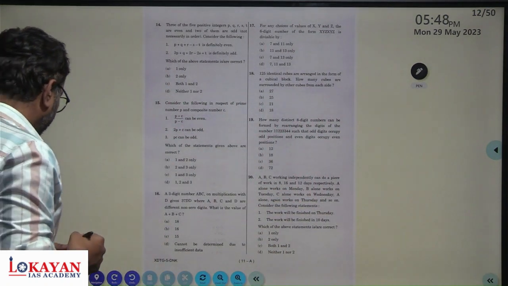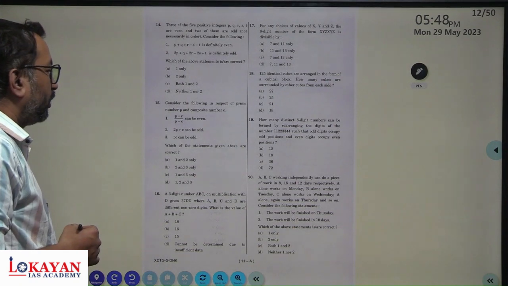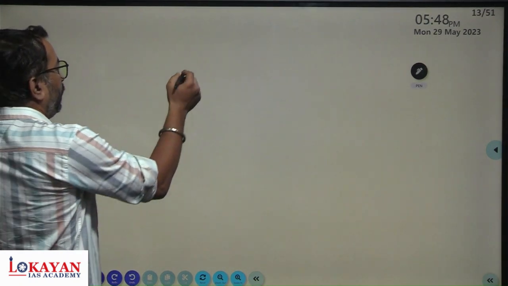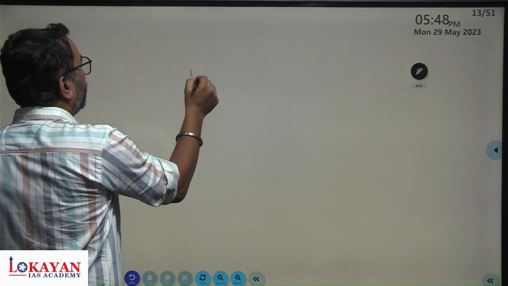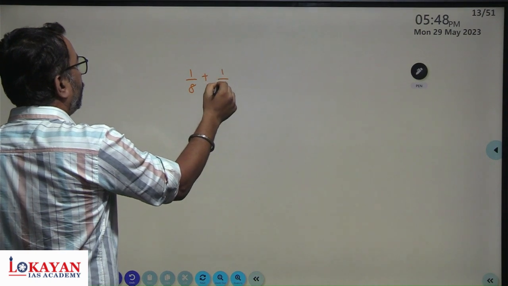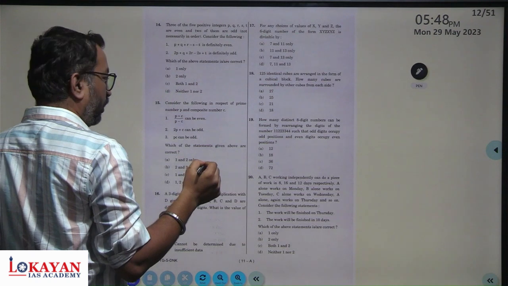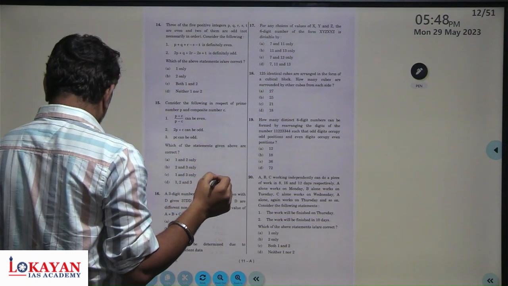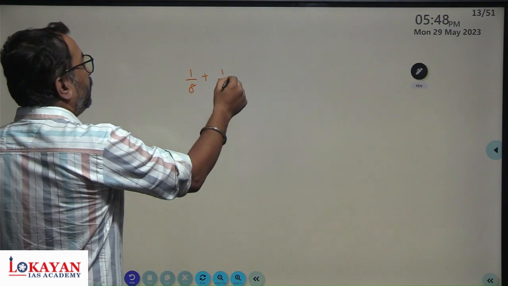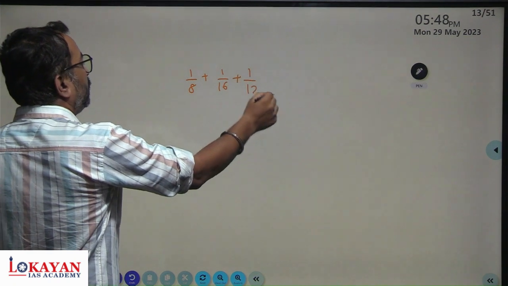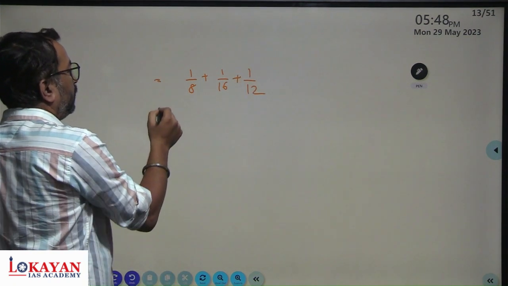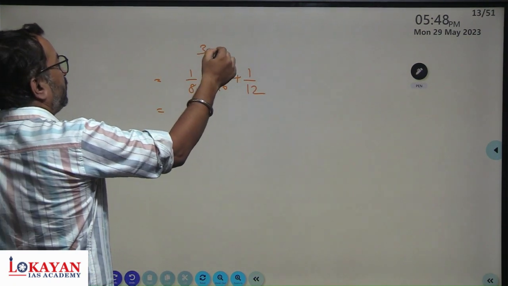Let's see. 8, 16 और 12. So A का 1 day work होगा 1 by 8. B का 1 day work होगा 1 by 16 और C का 1 day work होगा 1 by 12 days. So ये टोटल होगा 3 days work.